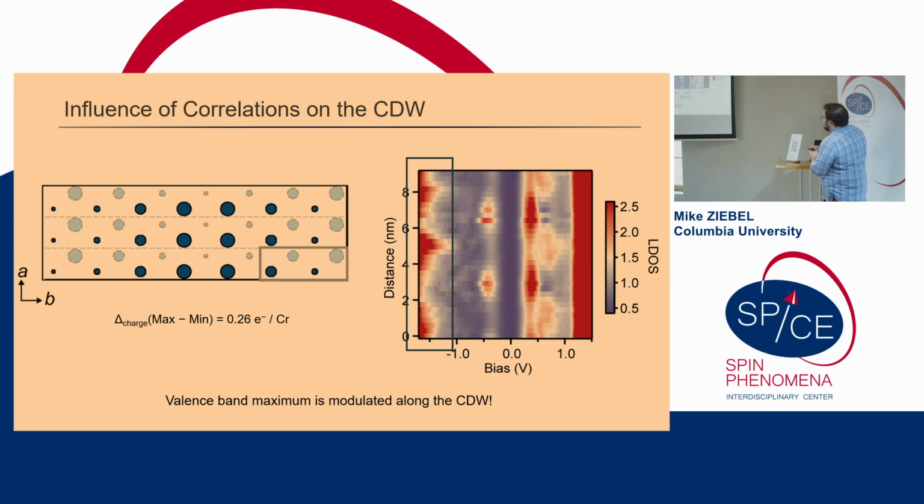And if we take STS spectra along the direction of the modulation, we can actually see that the valence band maximum is modulated by the charge density wave. And that's really consistent with our theoretical predictions that suggest this extremely large charge modulation.